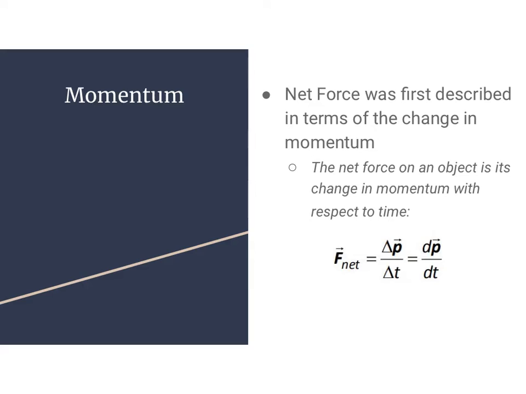And so when we now talk about force equaling mass times acceleration, that's actually a very specific instance of this idea of the net force equaling the rate of change in momentum, where the mass stays constant. And we'll look at where that equation comes from and how it's derived here in a little bit. But this is another important relationship that we're going to need to use this year.